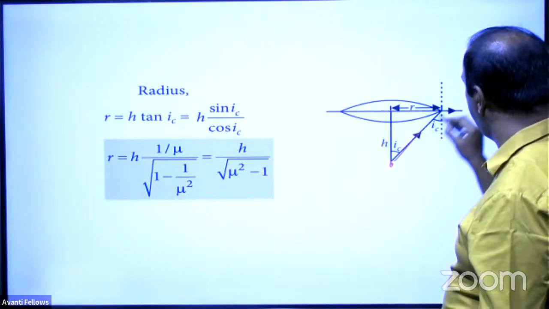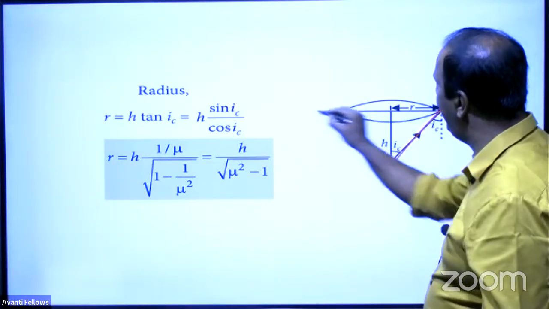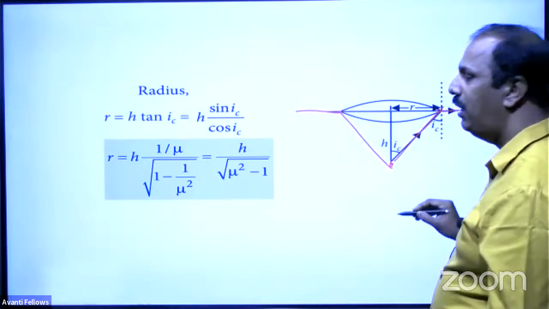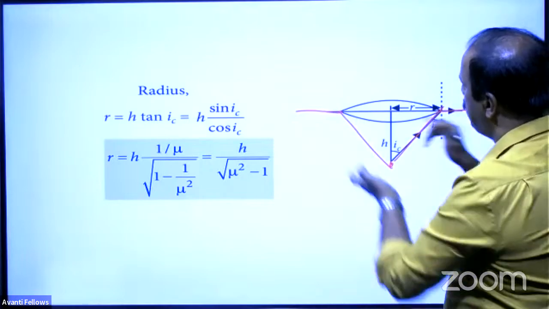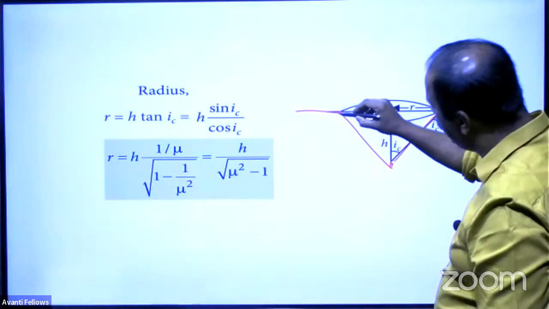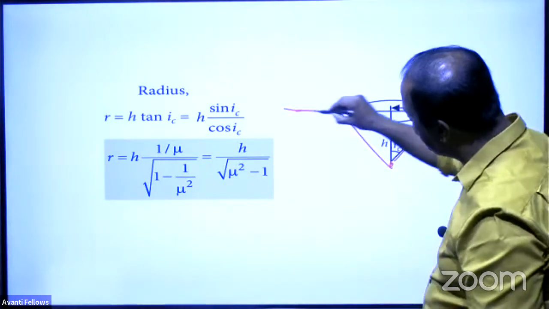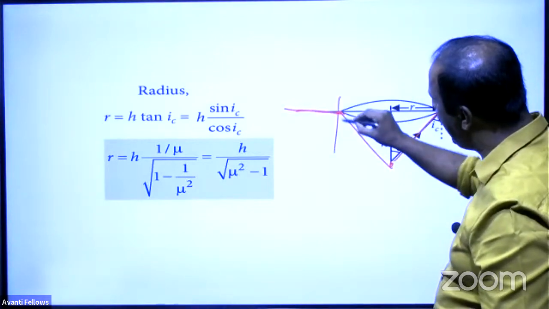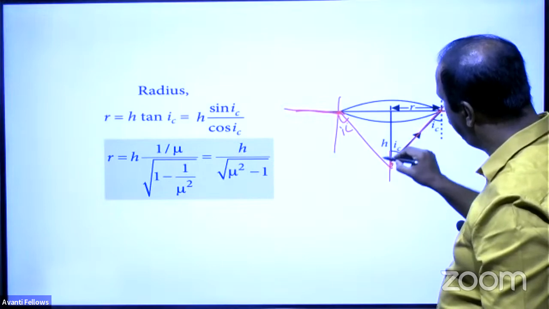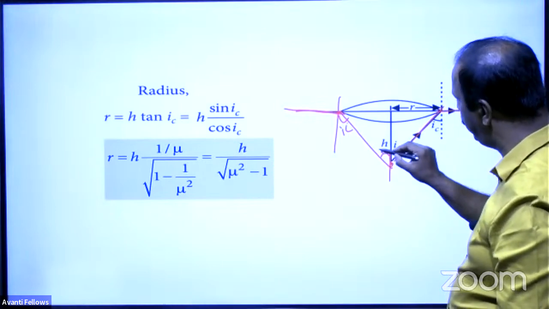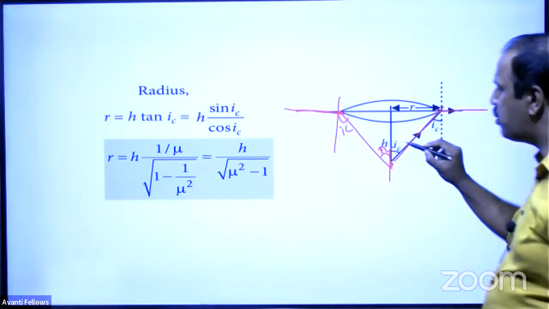When it is looking, it will see the entire area like this. Why is this so? Because of the light bending, since it goes from rarer medium to denser medium. If it is going parallel like this, then what is the meaning? This angle is the critical angle iC. If this is the critical angle, this angle also should be the critical angle, as already marked here. So based on that, you have to solve.